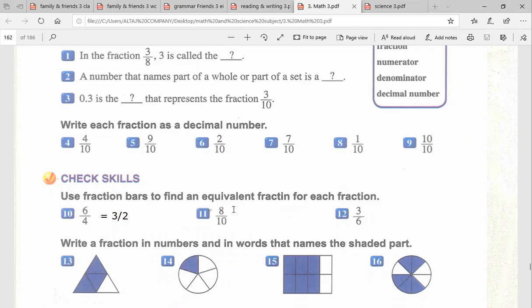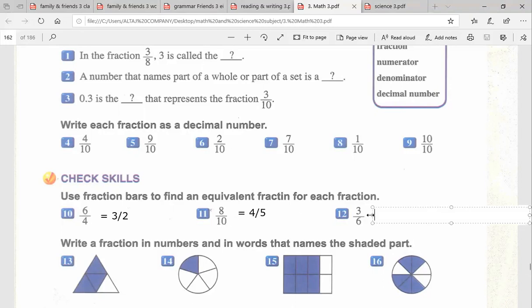And here we have 8/10, which is equal to 4/5. We divide the 8 by 2 and the 10 by 2.